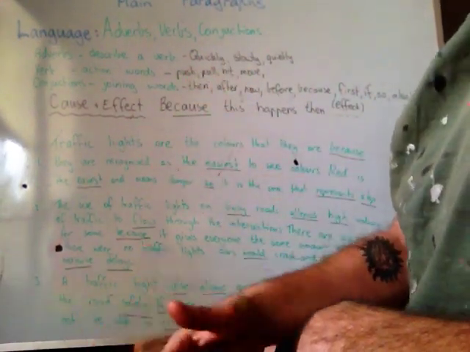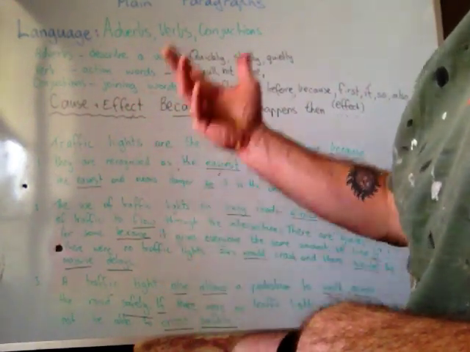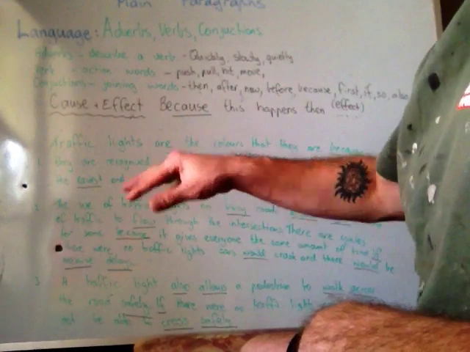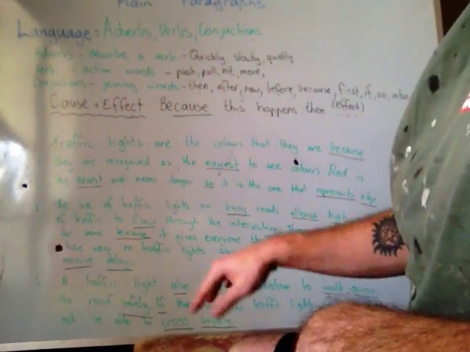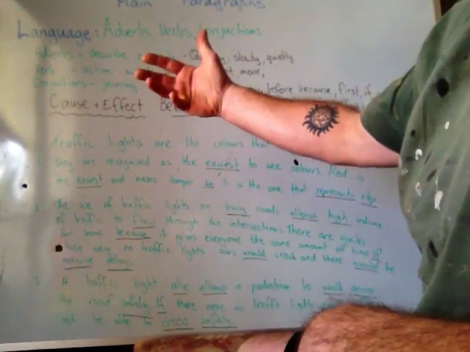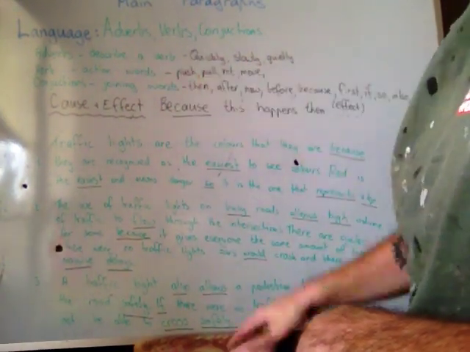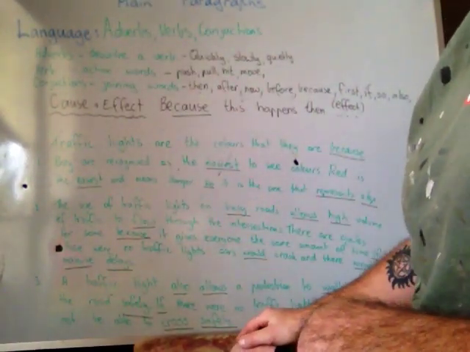All right. So World War I, because somebody decided to start shooting down people, then all the other countries decided to start bombing them. That's the cause and effect. The flood, because it rained so much, well then it flooded. So all the explanation reports will have this.